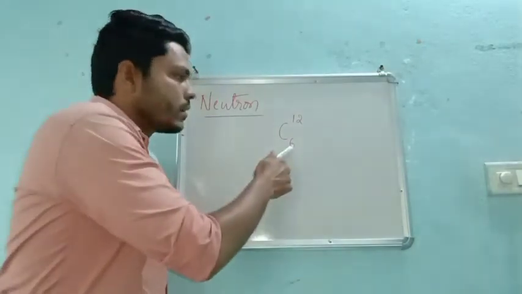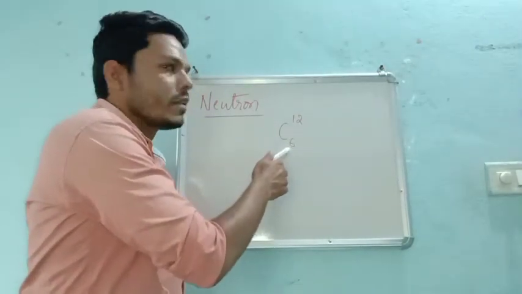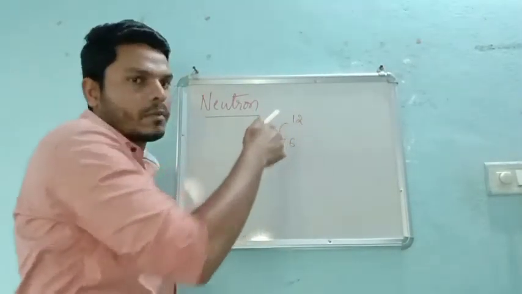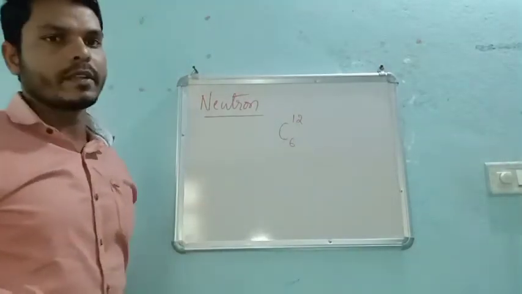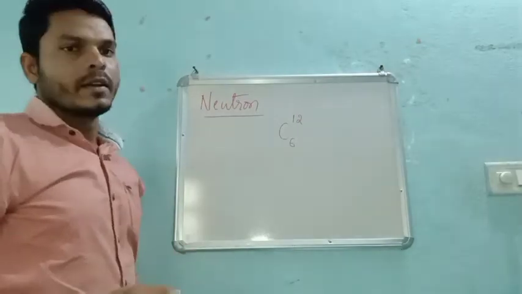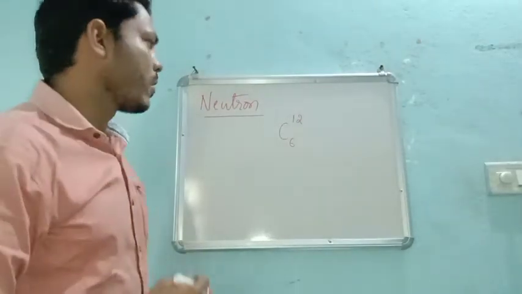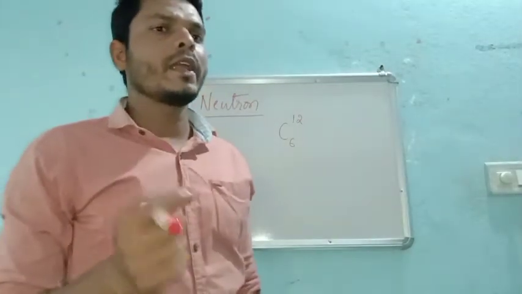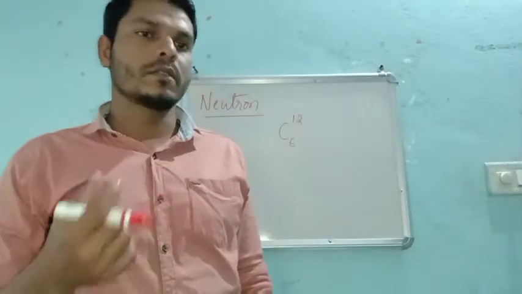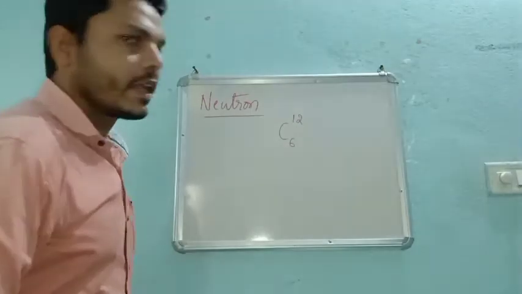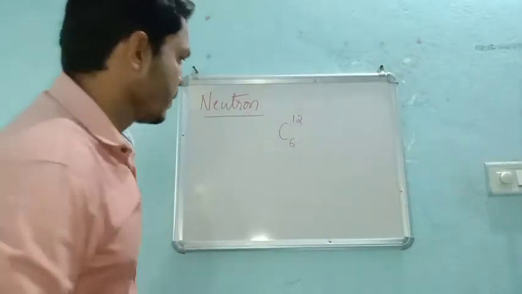At the base there is a number, and at the top there is a number. What are these? First we will discuss these things, and then later we will calculate the number of neutrons. To calculate the number of neutrons, we have one very easy formula. So according to that, we will see by taking some examples, right?